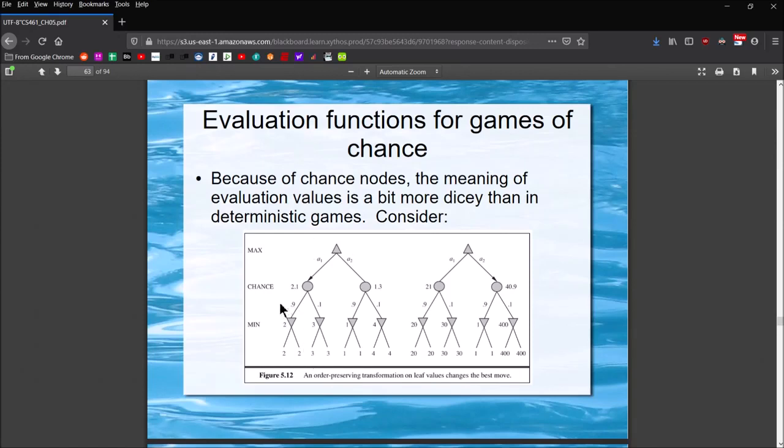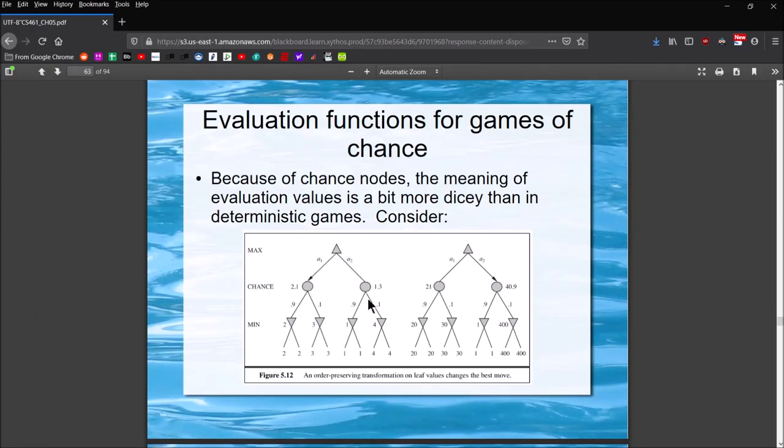the different odds that are laid out, we have a 90% chance of the result leading to Min's 2 node, and we have a 10% chance of the result leading to Min's 3 node, right? And then for move A2, and that was for move A1.